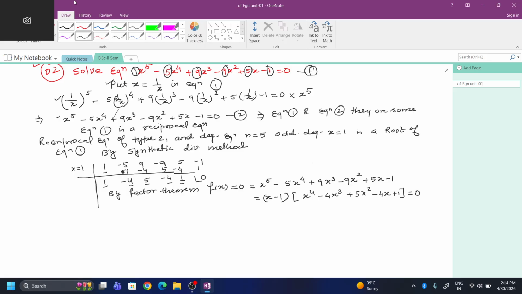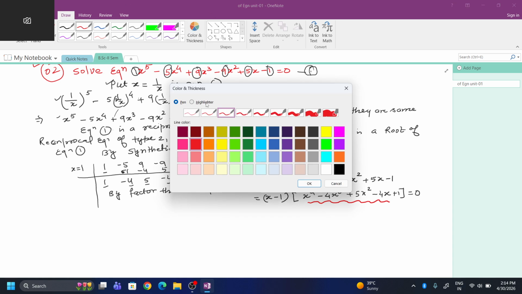Now we focus on this part. We focus on this part, that is we find out the solution of this particular part. Now how we can find out the solution of this particular part? It is very simple.